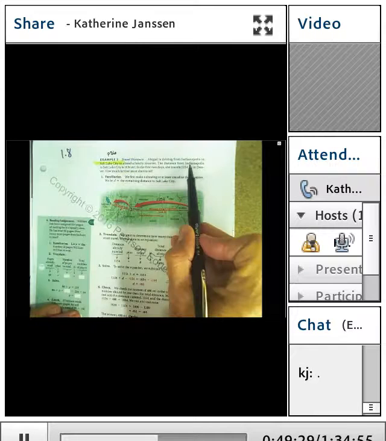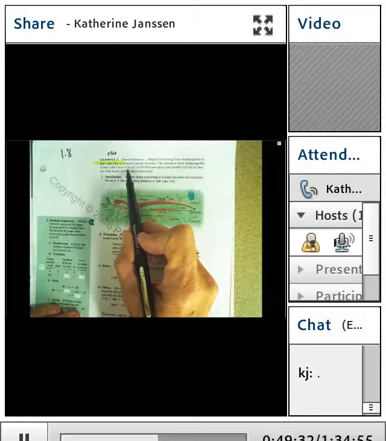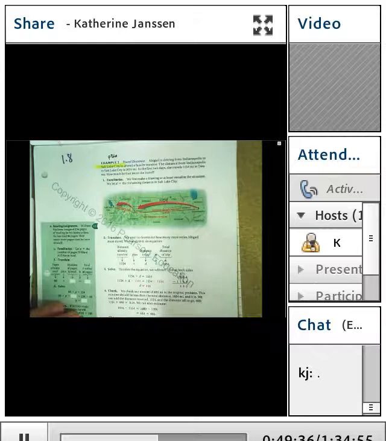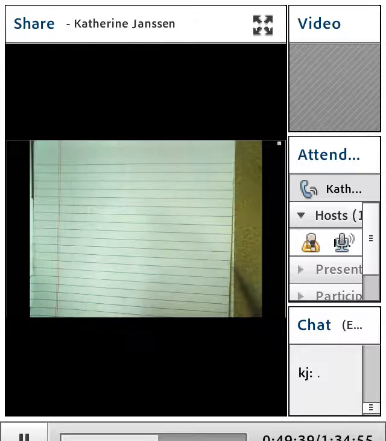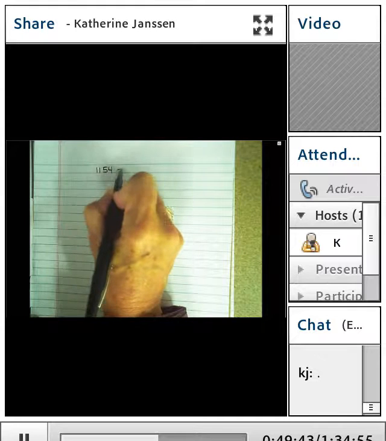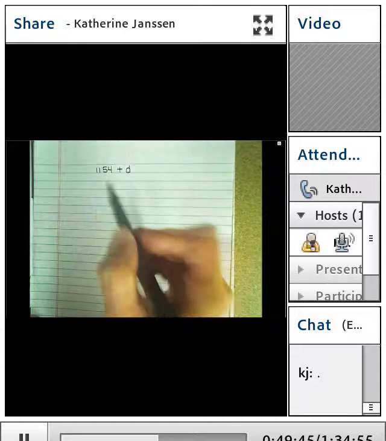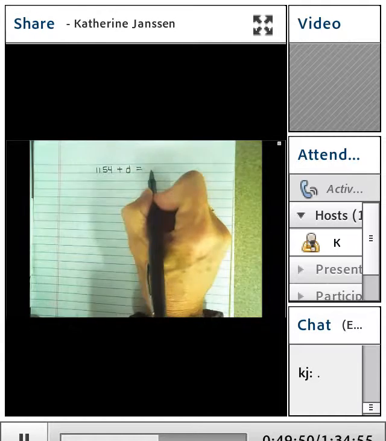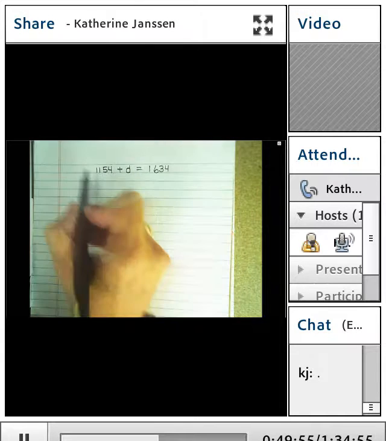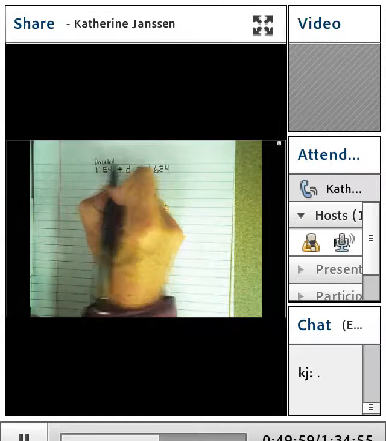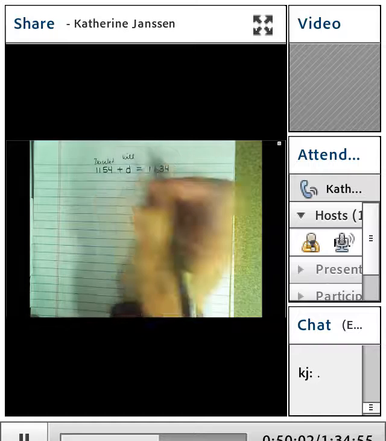The distance from Indianapolis to Salt Lake City is 1,634 miles. So the distance that she's already traveled, 1,154 miles, plus the distance we don't know from Denver to Salt Lake City, needs to equal the total trip, which is 1,634.